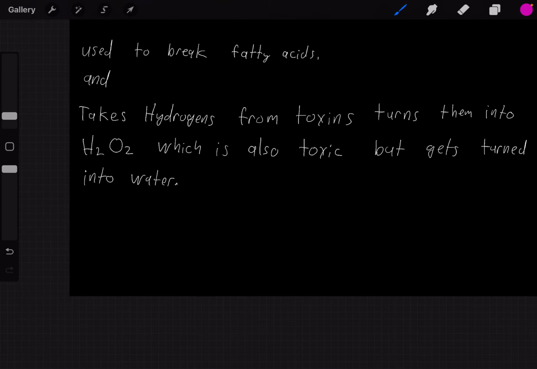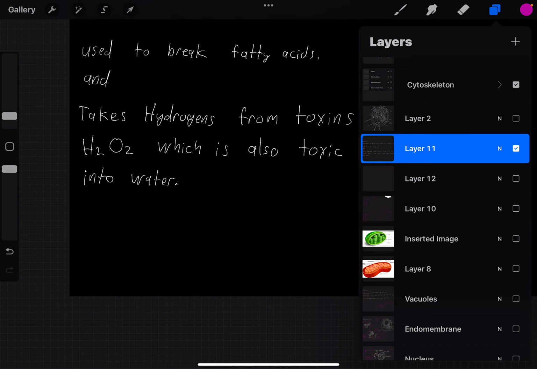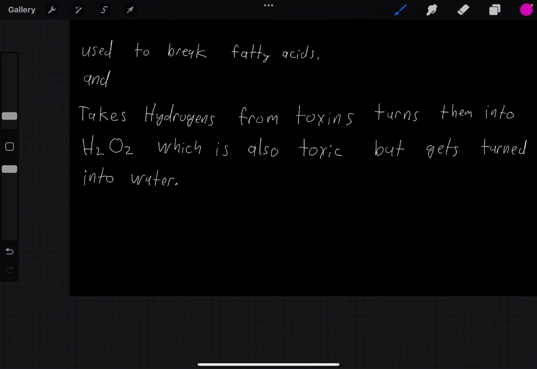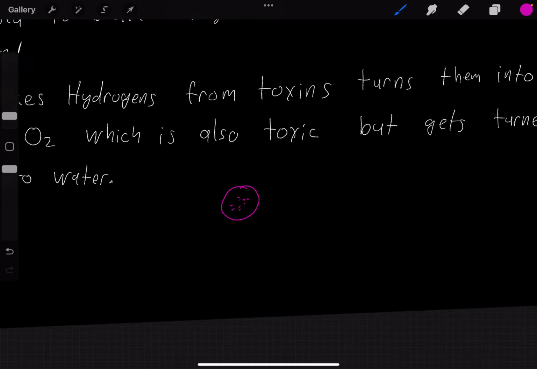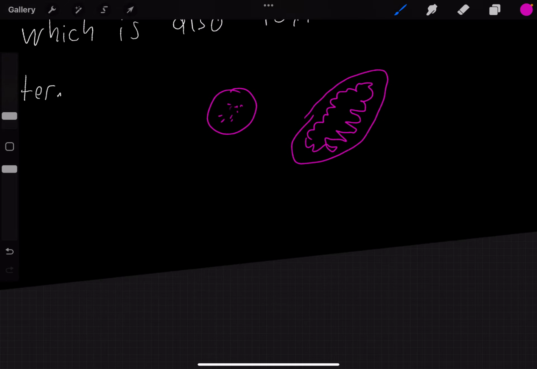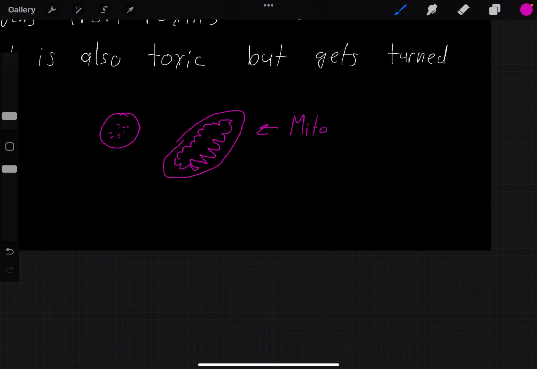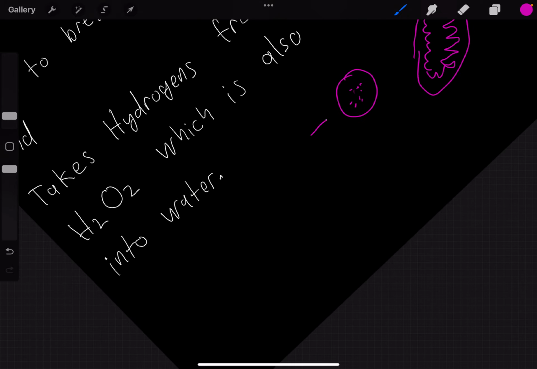So when you have your lysosome here with your hydrolytic enzymes in it, and you have your mitochondria, for example, I'm just going to draw it like that. So this would be your mitochondria, and this would be your lysosome.